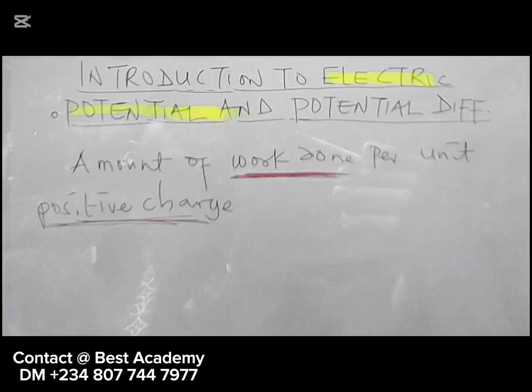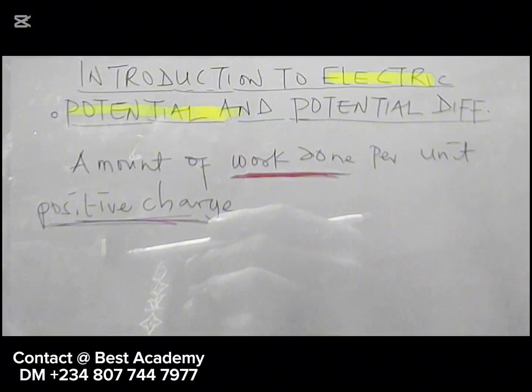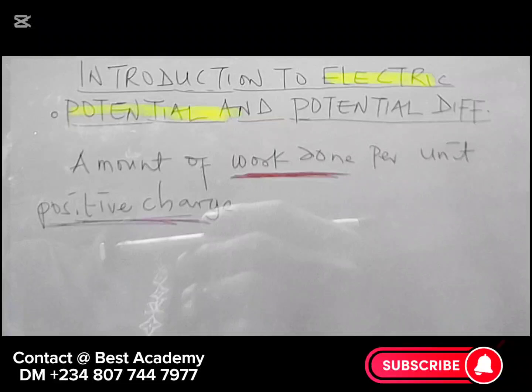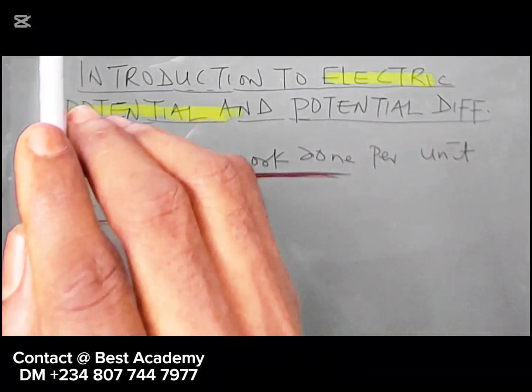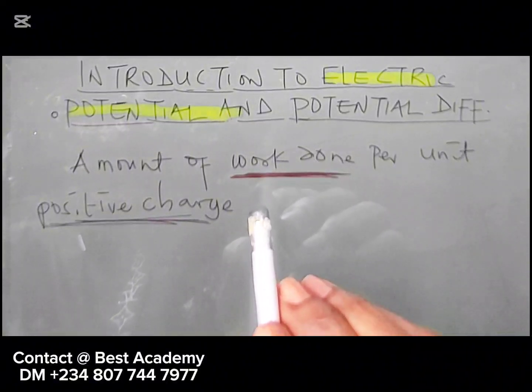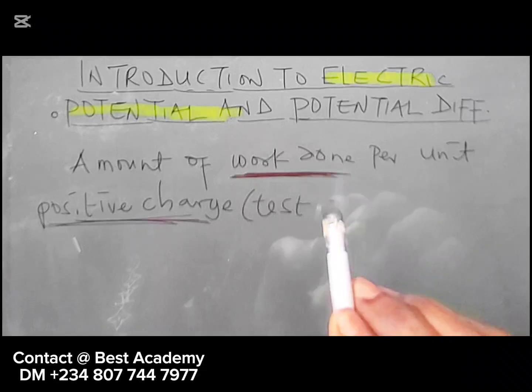A point charge can either be positive or negative, but when we have a strictly positive charge, we say that particular charge is said to be a test charge. So this positive charge in the definition of electric potential is said to be the test charge.